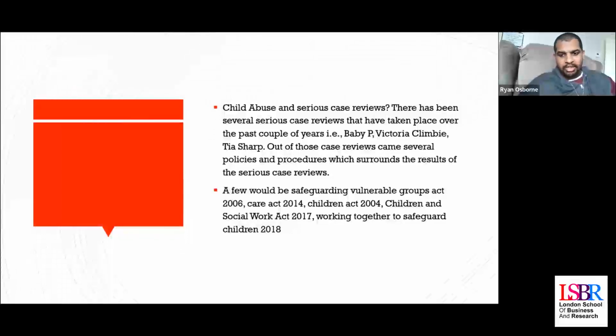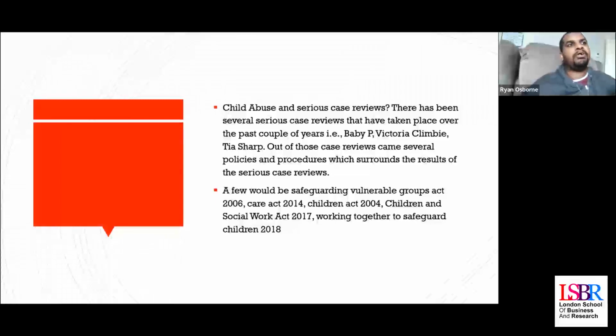And so the last one we have there is Working Together to Safeguard Children 2018. Now that again is another recent one, but that is all about interagency work and multidisciplinary teams. This is particular guidance.